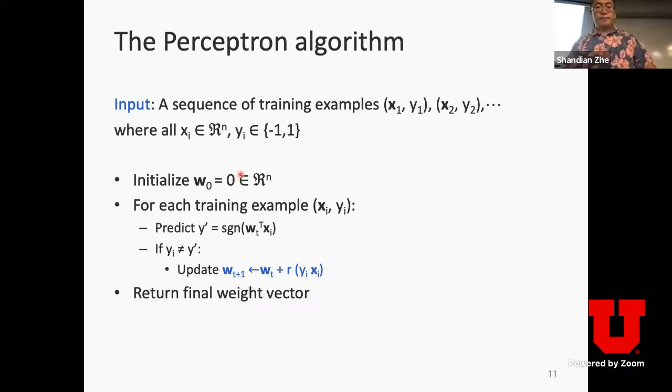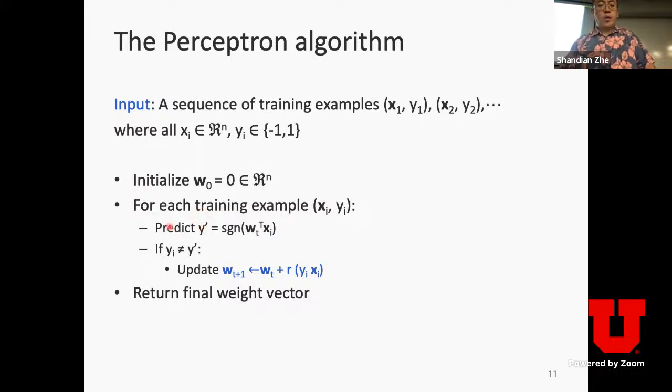Then we go through every training example xi, yi. We use the current model WT to make a prediction on xi, and our prediction is denoted as y prime.